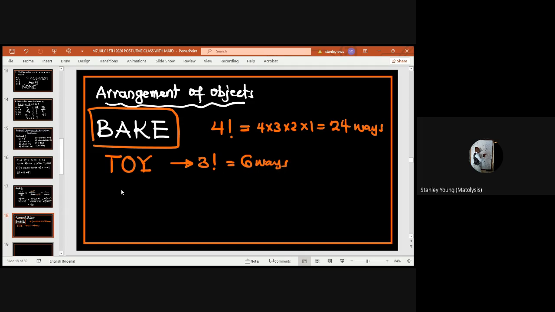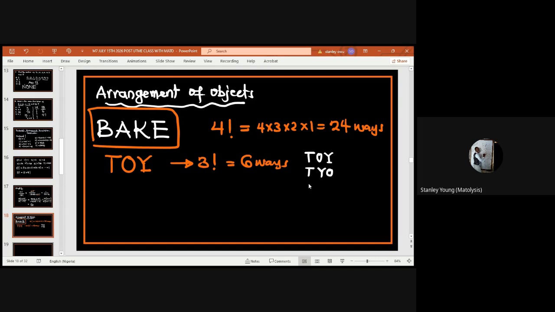For you to understand what I mean by that, let me demonstrate it. The one for bake is too much, so let's use the one for toy. The 6 different ways we can have the original toy: I can have T with O and Y, T with the O and Y flipped, then swapped.